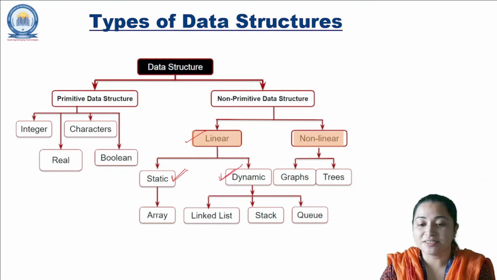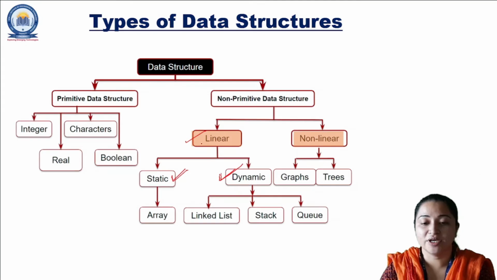Dynamic means memory can be allocated at runtime. So we are not required to specify size of linked list, stack or queue at compile time. So stack, linked list and queue can be allocated memory dynamically.